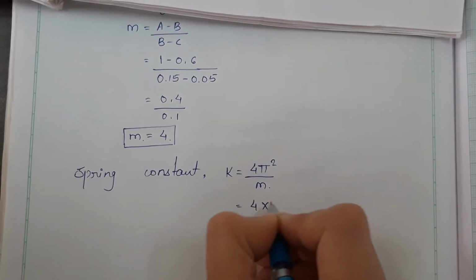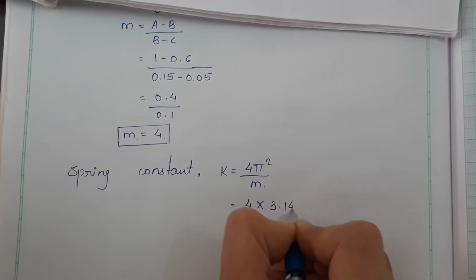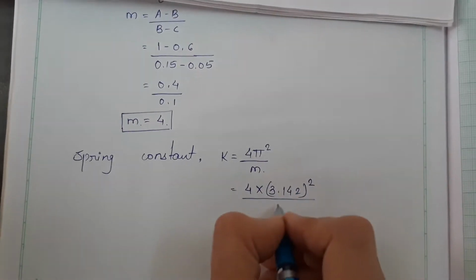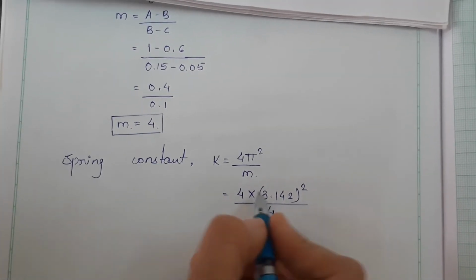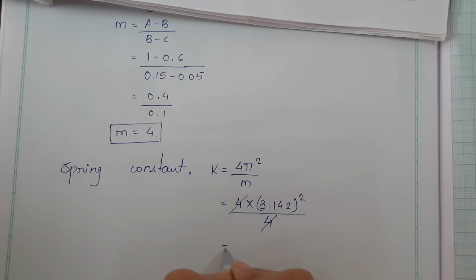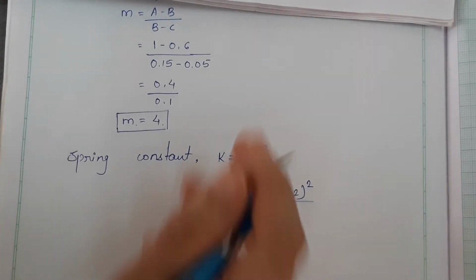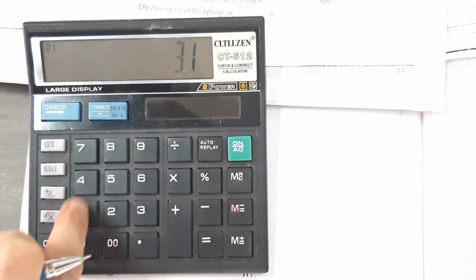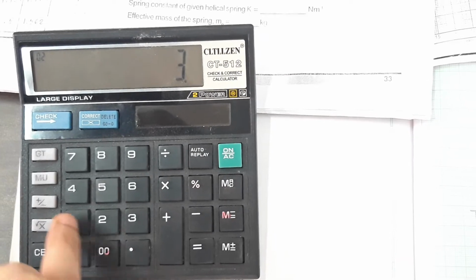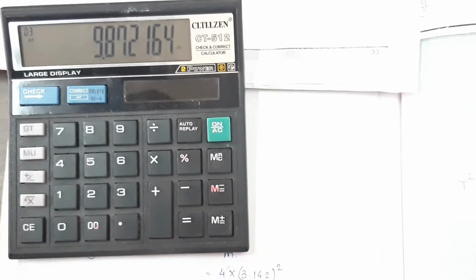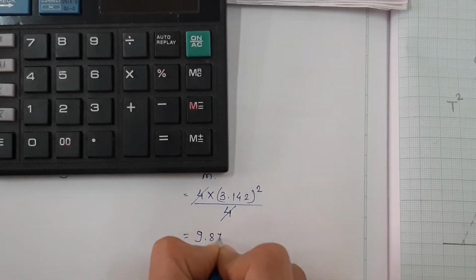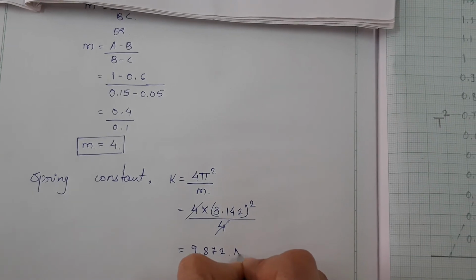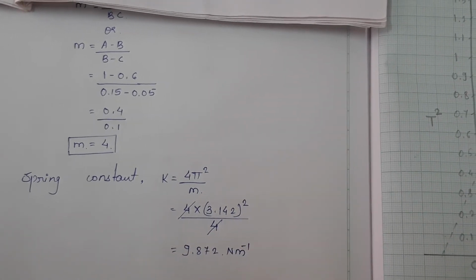So 4 into pi, which is 3.142, squared, divided by m. m means slope, which we have got as 4. So I can cancel this 4 and this 4. What remains is 3.142 squared. 3.142 into 3.142 gives you 9.872, and the SI unit of spring constant is Newton per meter.